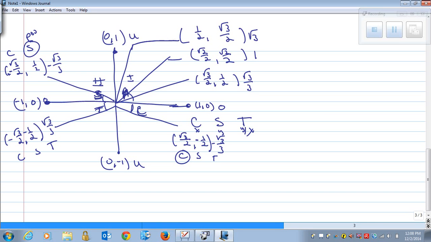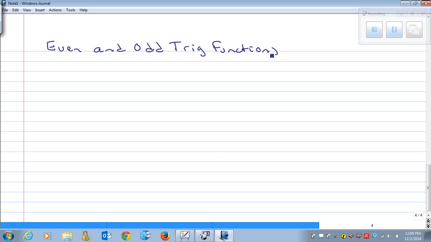Last, I want to go over odd and even trig functions. And there's really just something that you need to memorize about these. We're going to talk about even and odd trig functions. And what you really need to know is that cosine and secant are even. So both of these are even functions.